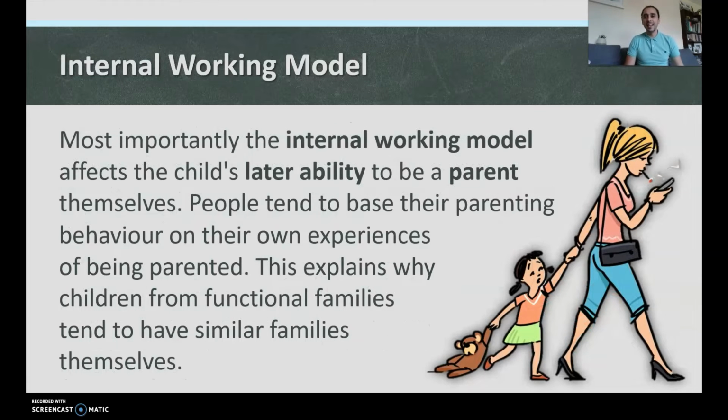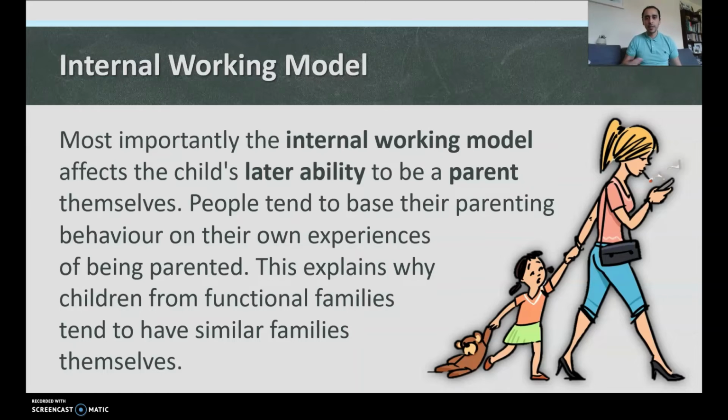Most importantly, the internal working model affects a child's later ability to be a parent themselves. People tend to base their parenting behavior on their own experiences of being parented. This explains why children from functional families tend to have similar families themselves.